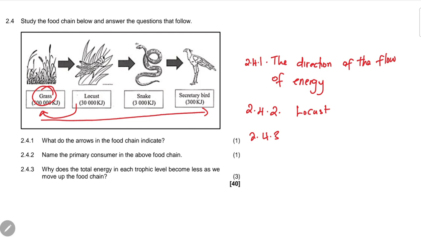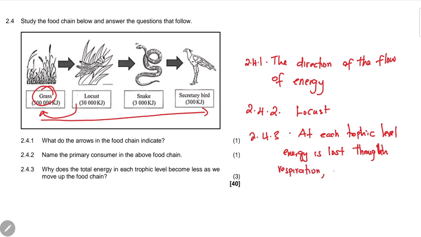This is because energy is lost at each trophic level, through processes such as respiration, reproduction. These are some of the processes through which energy is lost in the ecosystem as you move from one trophic level to the next. The other one is excretion.